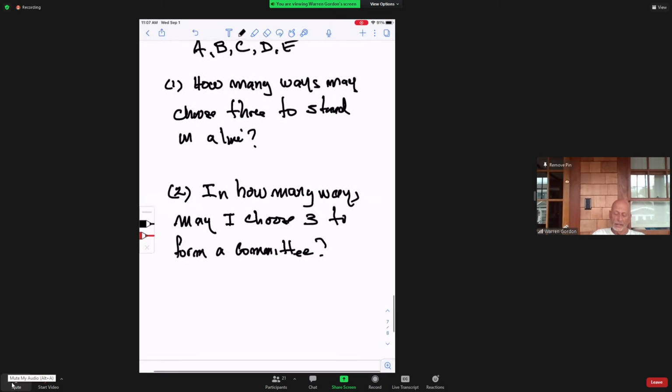So let's look at the first one. In the first one, suppose the people I chose were A, C, and E. If they're standing in a line, that's a different ordering than A, E, C, isn't it? Even though it's the same 3 people, the order in which I put them in a line, say for taking the picture, matters. So notice in this example, the order in which I choose the people matters.